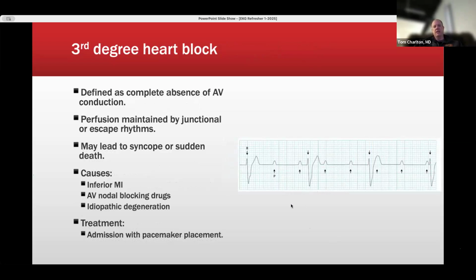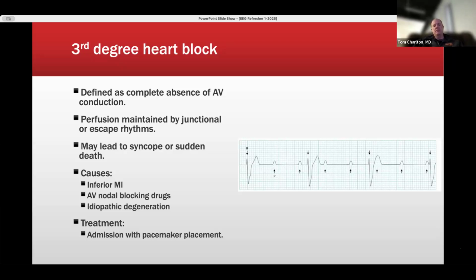I'd have to actually count it out, but this may lead to syncope or sudden death. Oftentimes these patients are symptomatic. So if they are symptomatic with this, then they need treatment, which is typically going to be either atropine or push dose epinephrine, and then in worst case scenarios, external pacing.